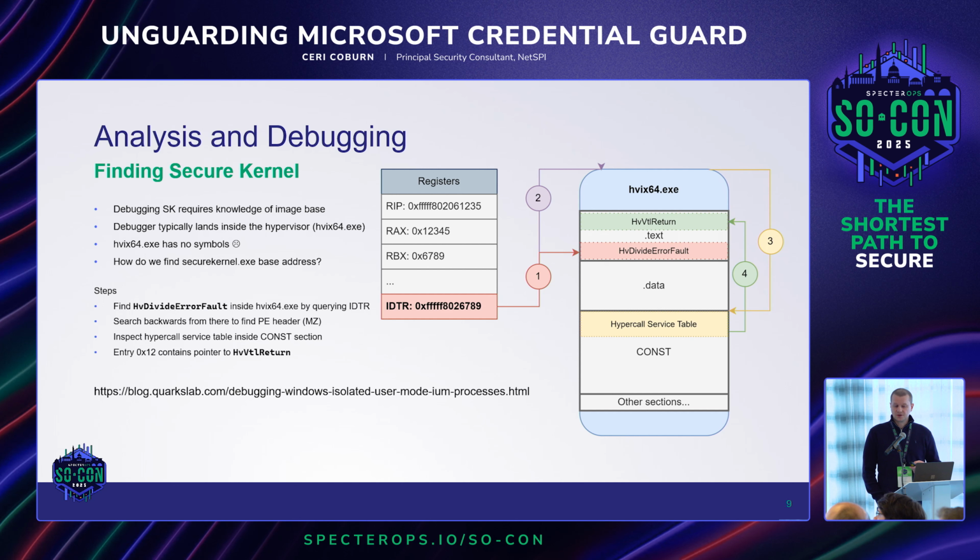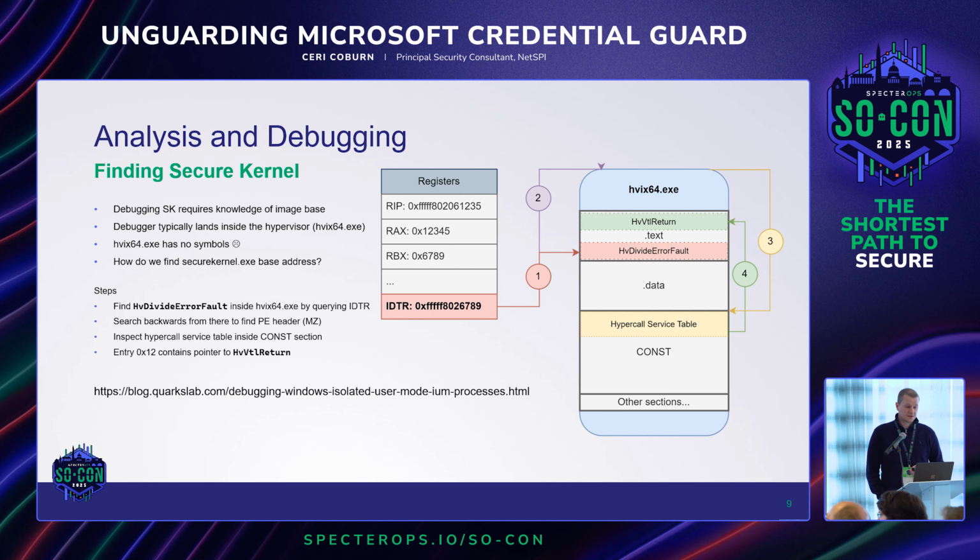One of the things you can do is look at the IDTR register, which is the interrupt descriptor table register. Every CPU will typically have this register, and it's basically a table of function pointers that handle interrupts by the CPU. If you're inside the hypervisor, that means that table will point to functions that exist within the hypervisor memory space.